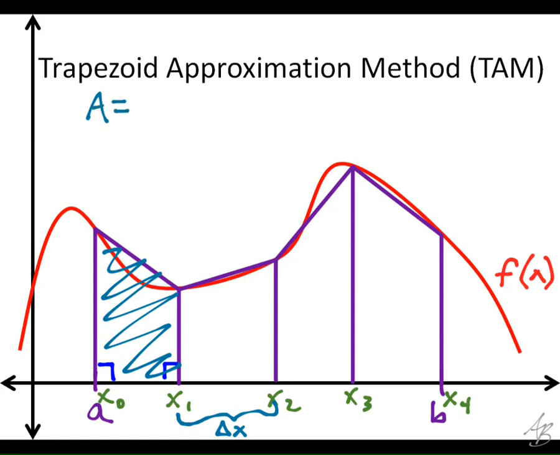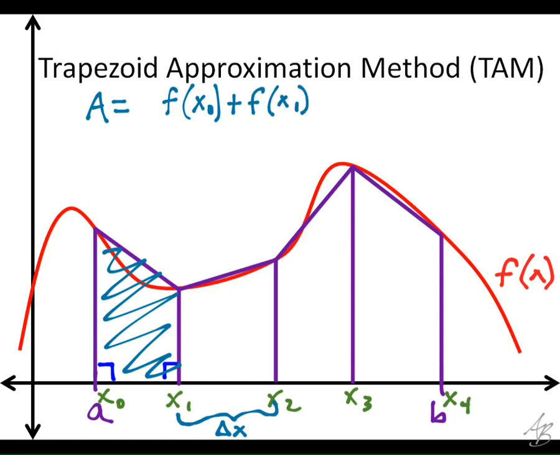Okay, so f of x naught, or x sub 0. This right here, the f of x sub 0, that's this height right here, right? That's actually one of the bases of the trapezoid. The other base is f of x sub 1.